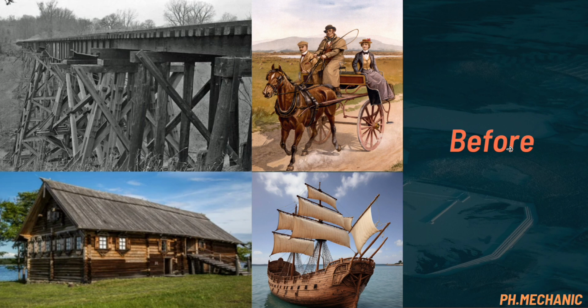In the long years of the past, humans made wood bridges, horse carts, wood houses, and wood ships. At this time, all these things were really helpful for humans, but when there is a storm or really complex weather, and running a long way, they are not suitable.